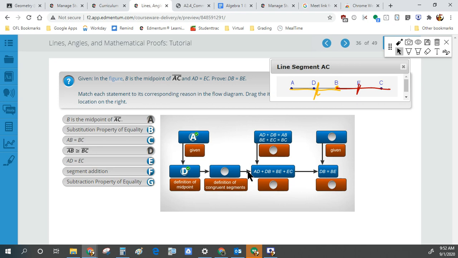Why? Definition of a midpoint. So, definition of congruent segment. I'm trying to figure out what they mean by this. AD congruent to that. I feel like we're missing the other given fact. This part right here.